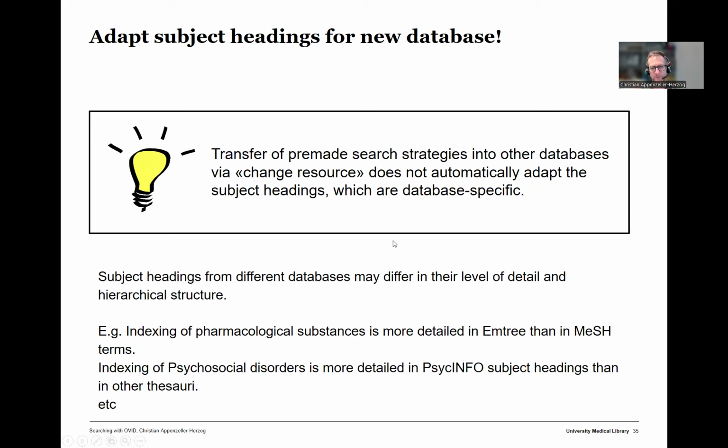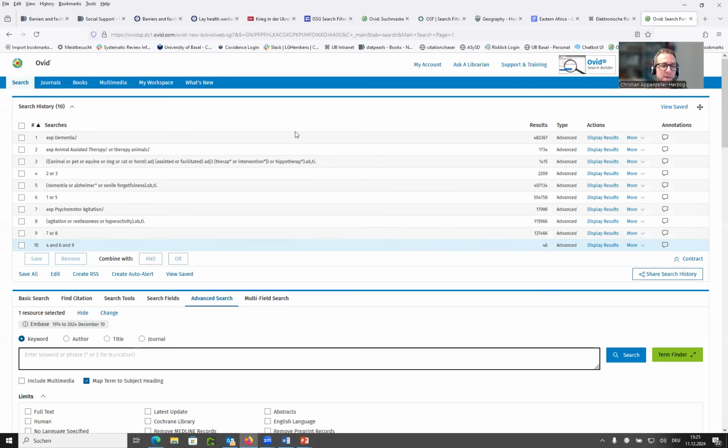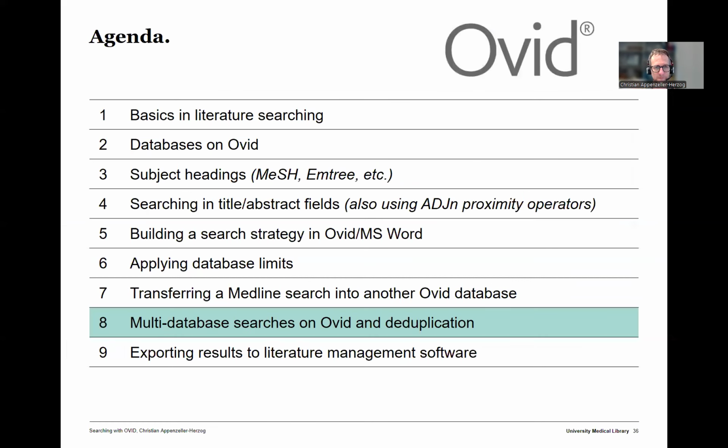We are not going to change all the subject headings, as this would take a little bit too much time for this meeting, but it is important that you're aware the subject headings are not being automatically adapted. And with this, we turn to multi-database searches.